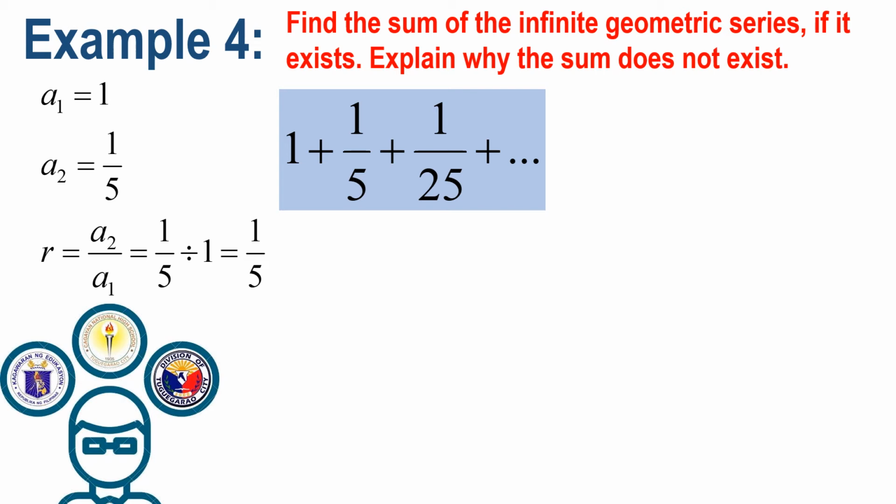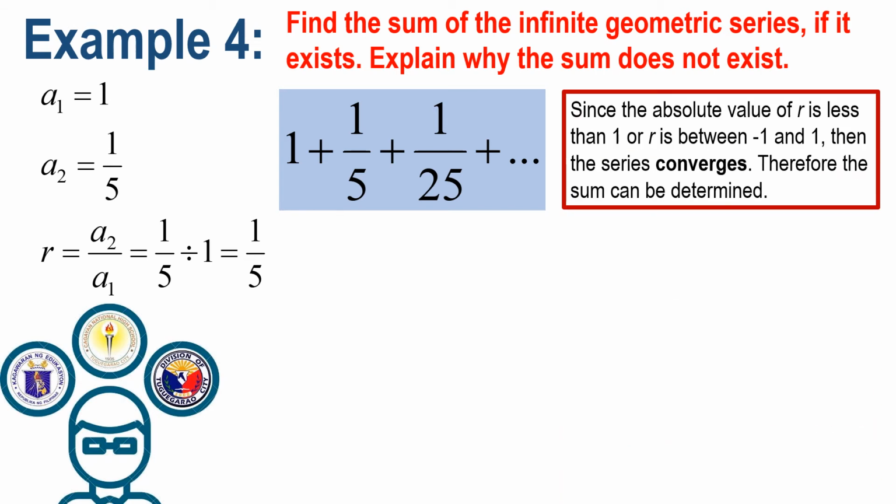Since the absolute value of the common ratio is less than 1, or the common ratio is between -1 and +1, then the series converges. In other words, the sum can be determined. So we are now ready to look for its sum. S is equal to a sub 1 all over (1 minus r).